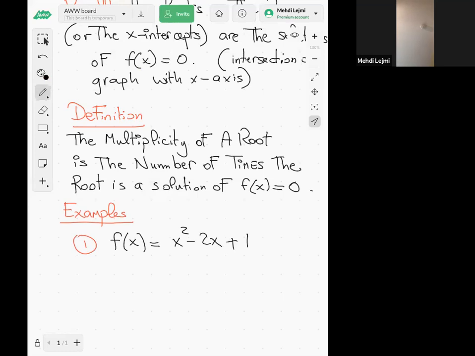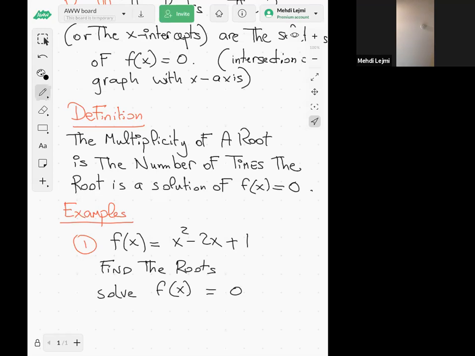This is actually a quadratic function, a polynomial of degree 2. So we want to find the roots or the x-intercepts or the zeros. So all you have to do, of course, is to solve f of x equal to 0, right?